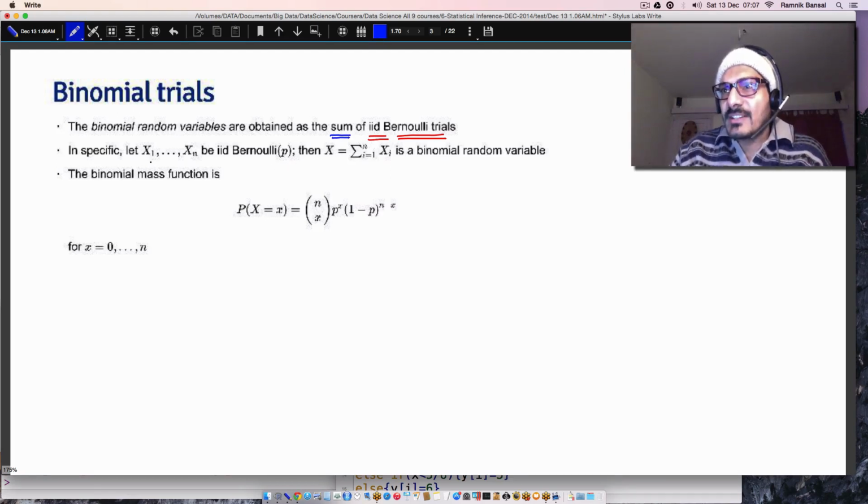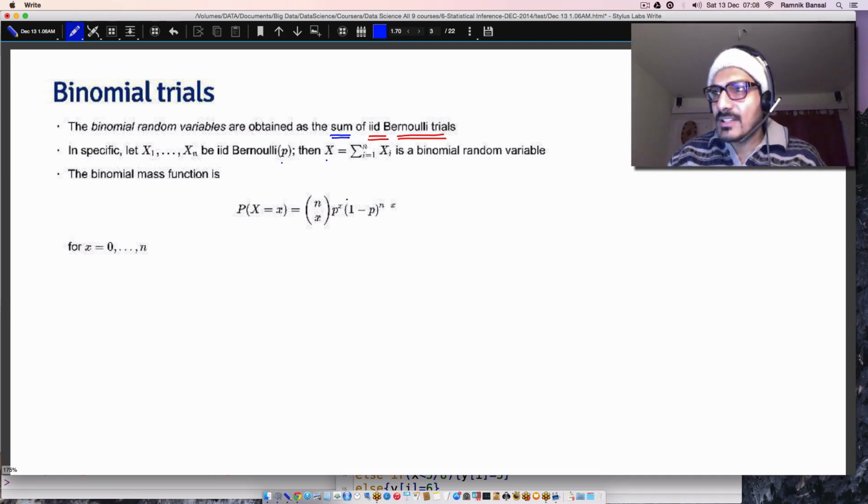So specifically, let's say x1 up to xn be IID Bernoulli with probability p. Then capital X, which is the summation of all of this, is a binomial random variable. So what will be the probability mass function in this case? It will clearly be this, right? And n choose x, we know this. So it's effectively, say if I'm tossing the coin 5 times, how many times do I get heads?